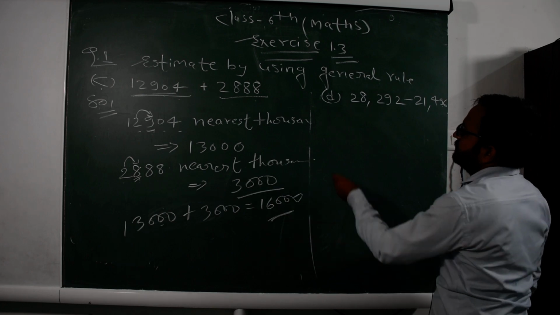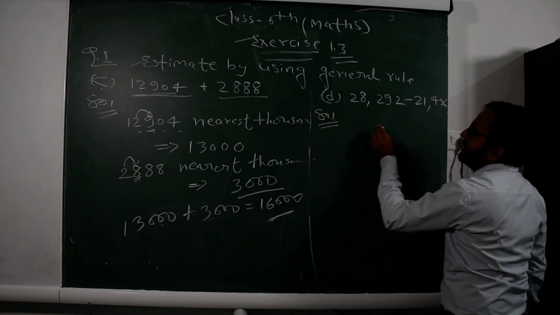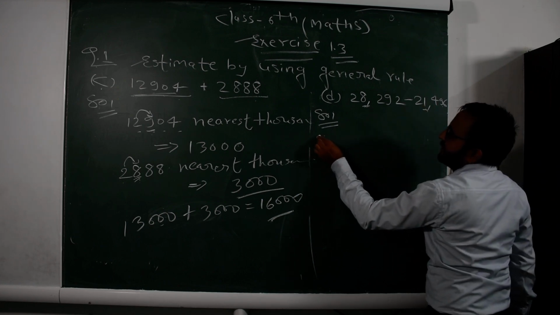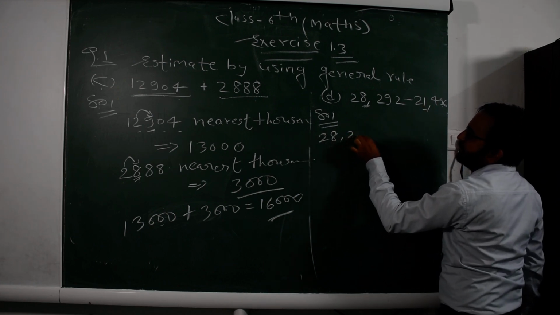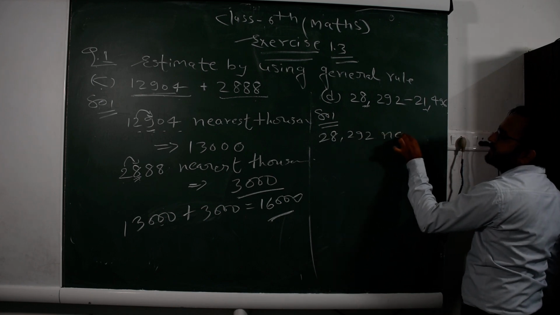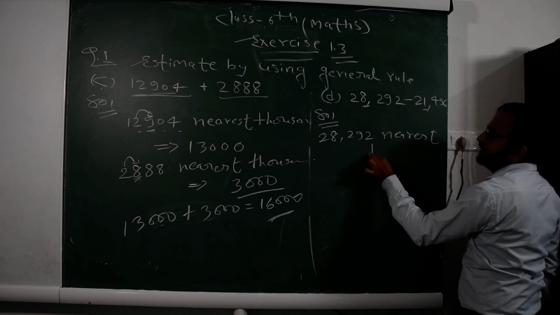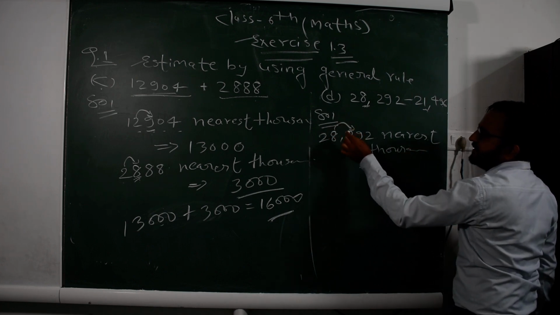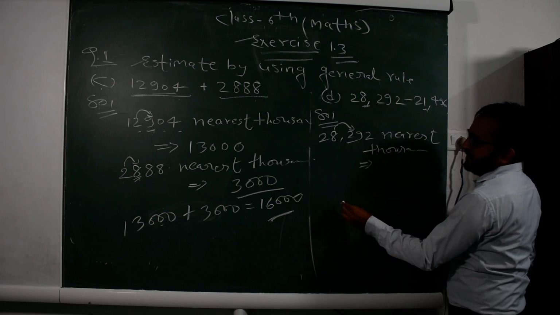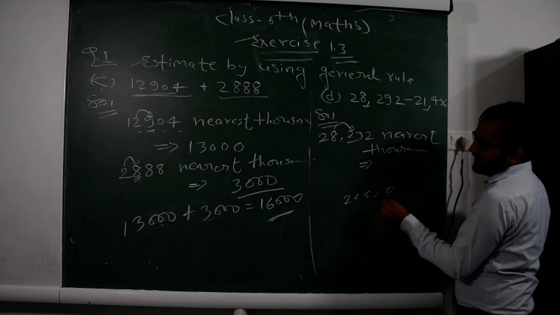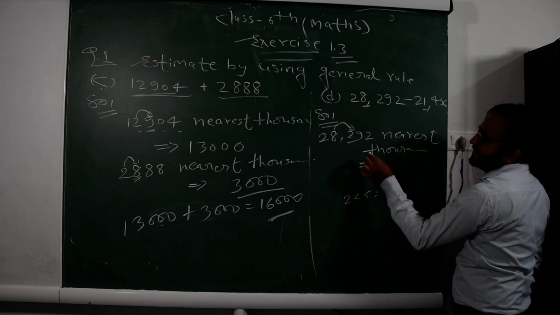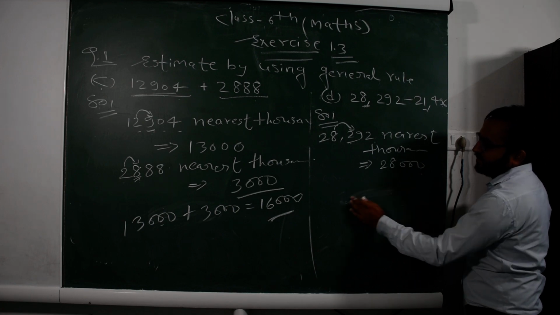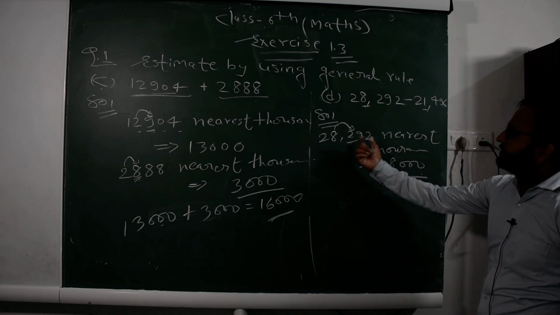Now again we estimate to the nearest thousand. 28,292 to the nearest thousand, that means 2 is less than 5, we consider it as 0. That means 28 we put 000. So the approximate value is 28,000.